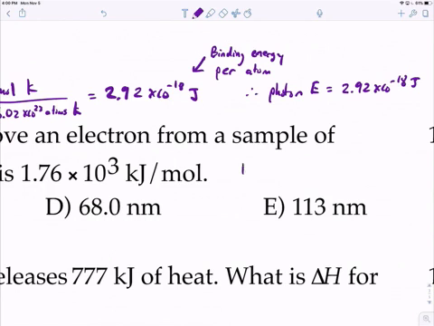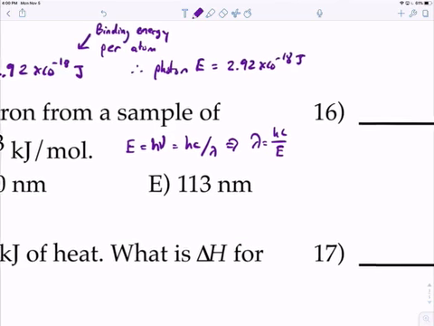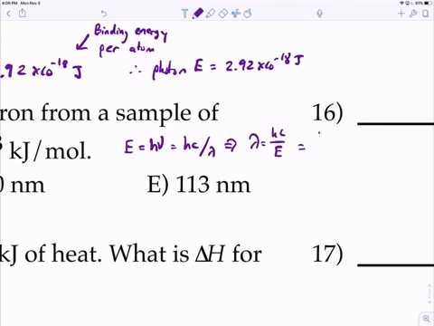So E equals h nu equals hc over lambda, which implies lambda is hc over E, where h is 6.626 times 10 to the minus 34 joule-seconds, c is 3 times 10 to the 8 meters per second, and the energy is 2.92 times 10 to the minus 18 joules.